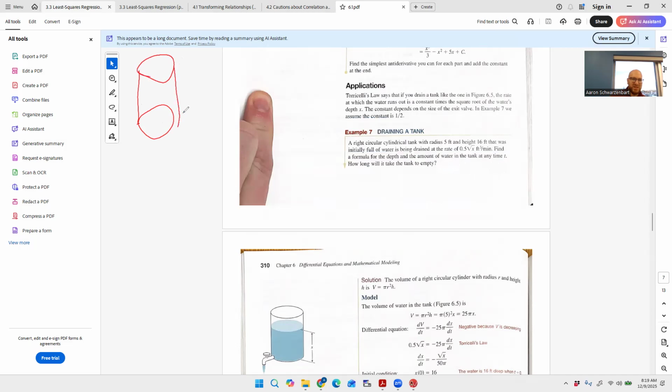So we've essentially got a can, and x is the height. So the volume of my can is pi r squared h. h is x.